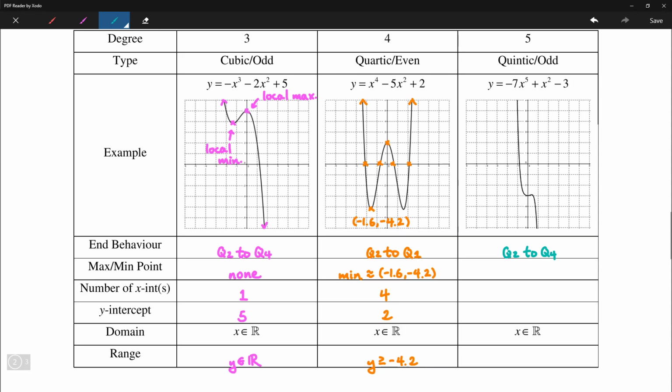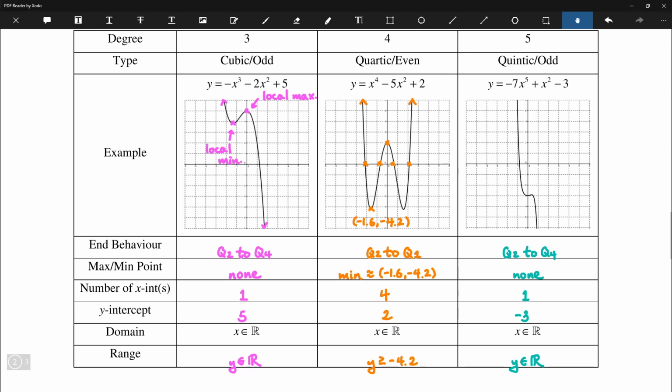Okay, so it doesn't have any absolute maximum or minimum. It only has one x-intercept. In this case, it could have up to 5. The y-intercept is negative 3, and a very familiar range at the end.